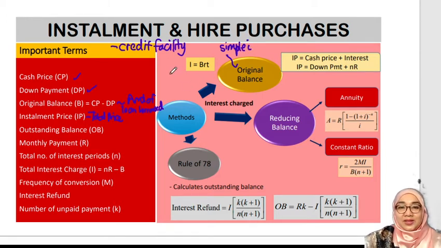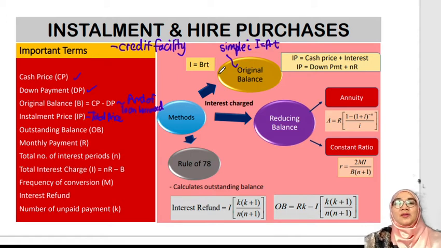The interest amount is given by I equal to PRT. In this case, P ni adalah amount that you borrow, so B lah, the balance. And then R, rate dia, interest rate, simple interest ataupun flat rate.